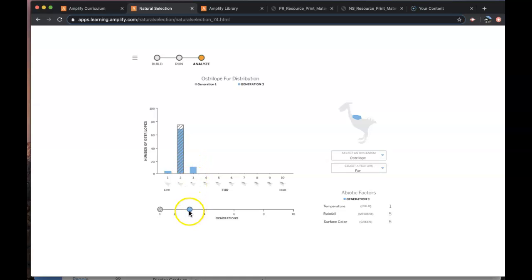Same with this level 3. And then we can see that it becomes less common and actually dies off by 10 generations.